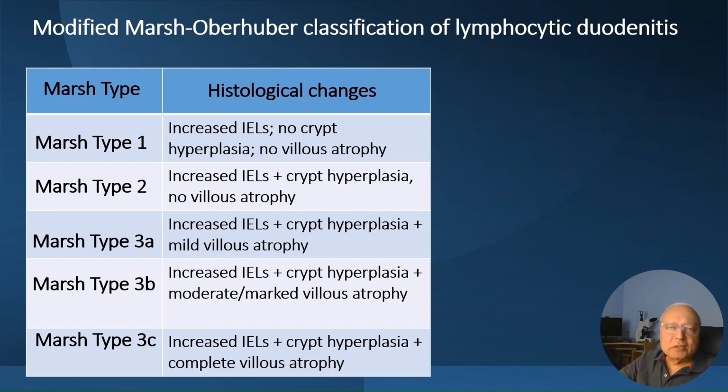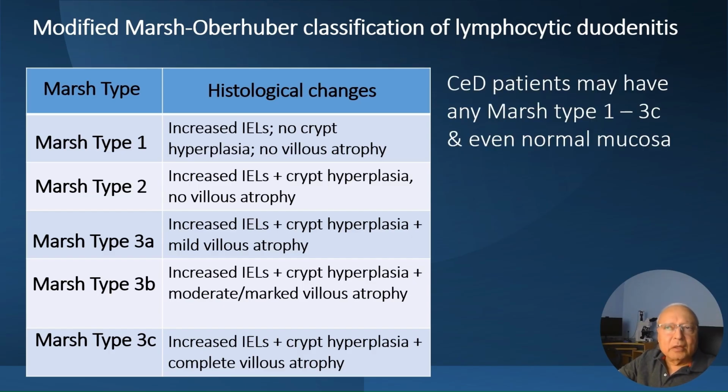So 3A is mild villus atrophy, 3B is moderate to marked villus atrophy, and 3C is a complete loss of villi. And keep in mind that celiac patients may have any Marsh grade, type 1 through type 3C.